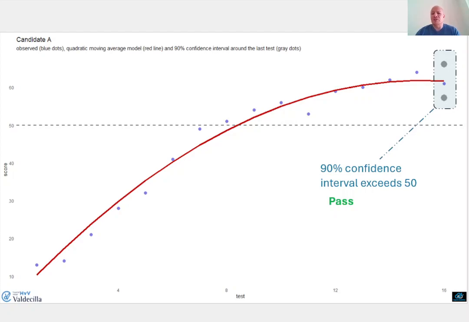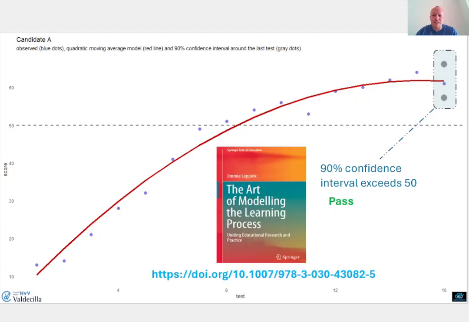Now, the choice for the 90% instead of the 95% confidence interval is to some extent personal preference. Both choices can be justified depending on the role of the progress test in an assessment program. As I explain in this book that I published 4 years ago with Springer, to me, progress testing is one part of the assessment program or one thematic line in the assessment program.